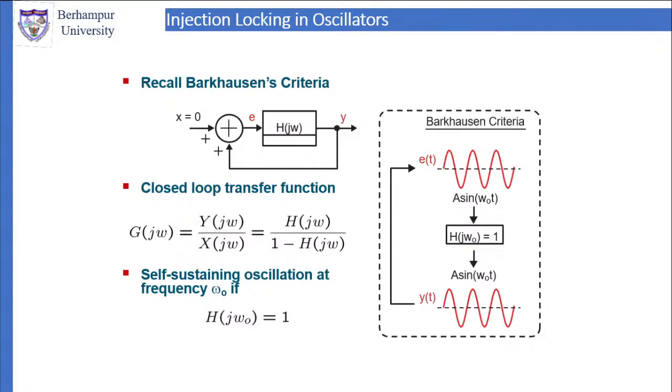For self-sustaining oscillation at the frequency omega 0, h has to be 1 at omega 0. When you are using frequency omega 0 for self-sustaining, h is to be equal to 1. This is what is the Barkhausen criteria.